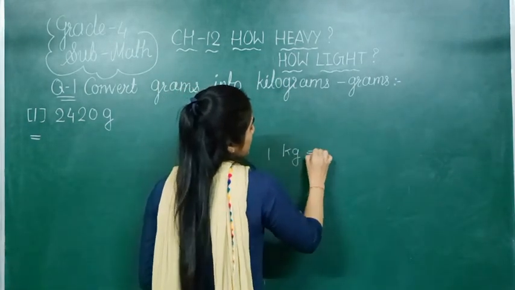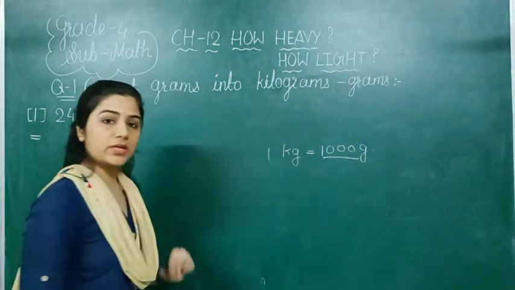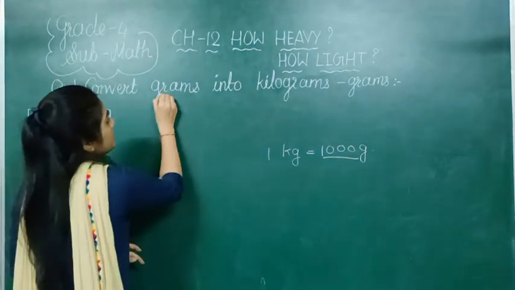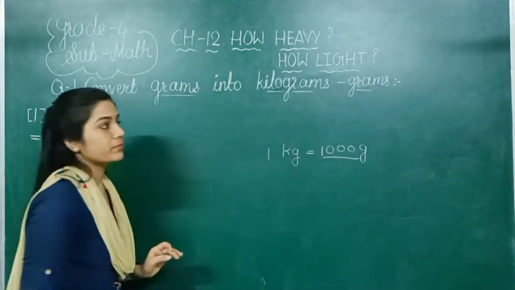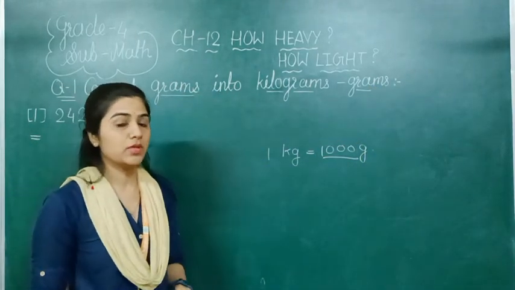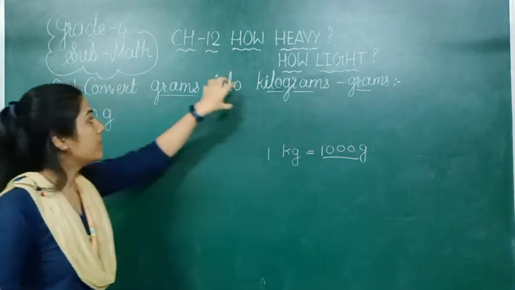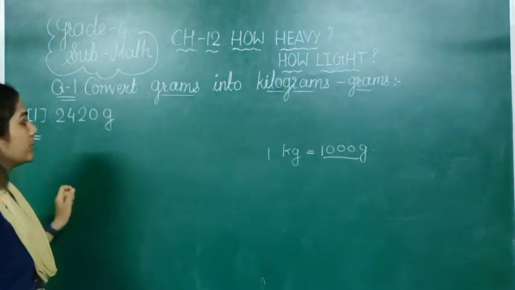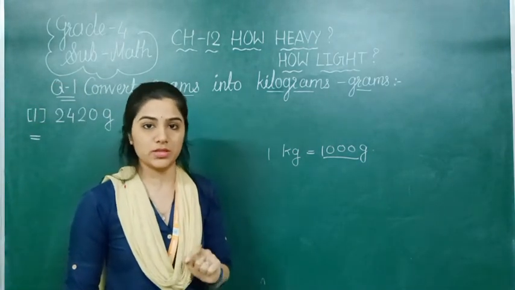We are converting this gram into kilogram and gram, so your answer will come in kilogram and gram both. But our question is given in gram. So first we have to decide what method we can apply in this question.